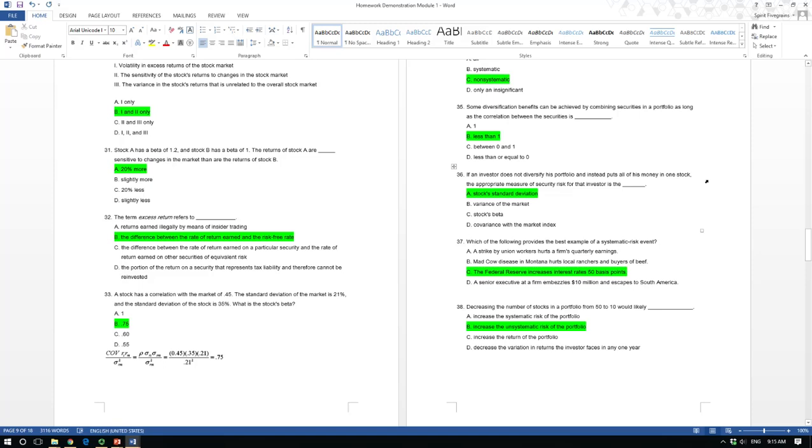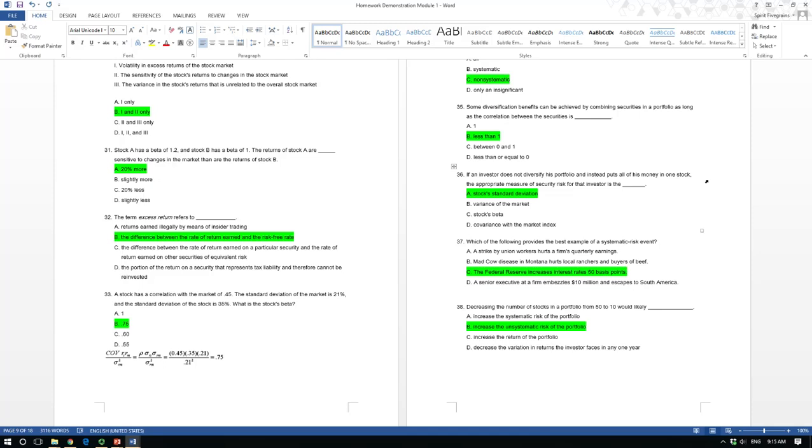Therefore, he or she cannot eliminate or reduce firm-specific risk. And the best measure of risk for this investor should be standard deviation, because standard deviation incorporates both firm-specific risk and market risk.